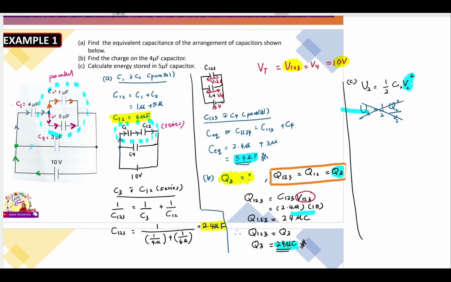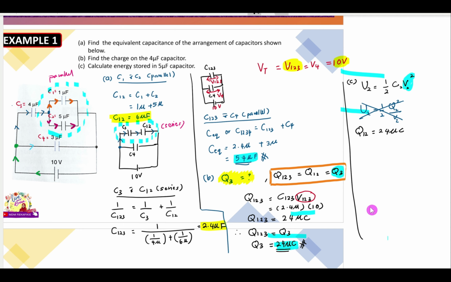Kita boleh cari V12. Q12 saya dah ada, di mana Q12 is equal to 24 microcoulomb. Kenapa saya tahu Q12 24 microcoulomb? Sebab Q12 sama dengan Q123, which is 24.